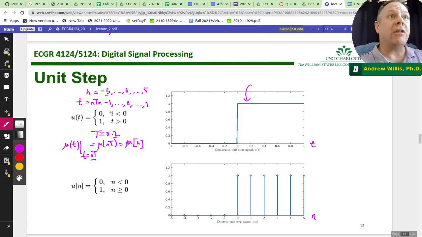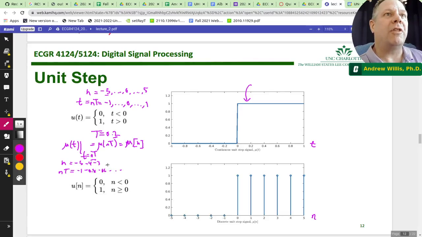Okay, so where do the sample locations occur? When n is equal to -5, -4, -3, nT takes the values -1, -0.8, -0.6, and so forth. Essentially we're taking values off at these locations, taking the value of the signal, and that's u of n.